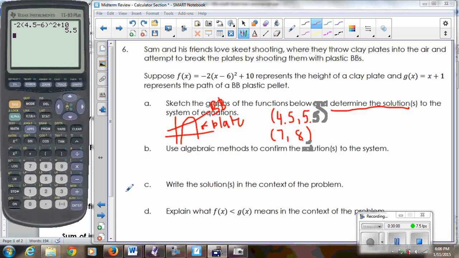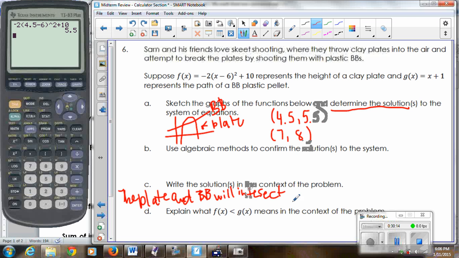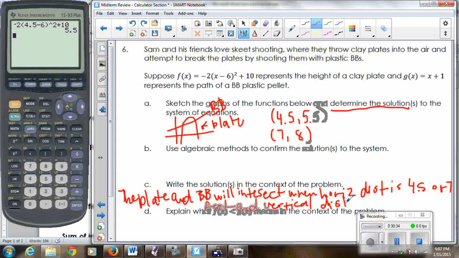So the plate and the BB will intersect when the horizontal distance is 4.5 or 7 feet, and the vertical distance is 5.5 or 8 feet, respectively.